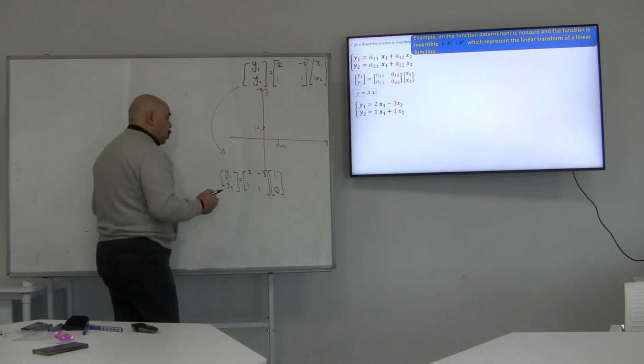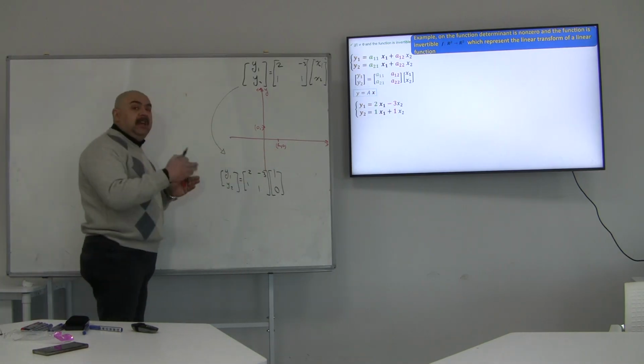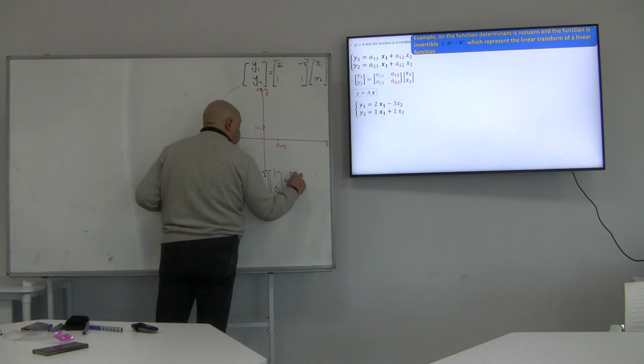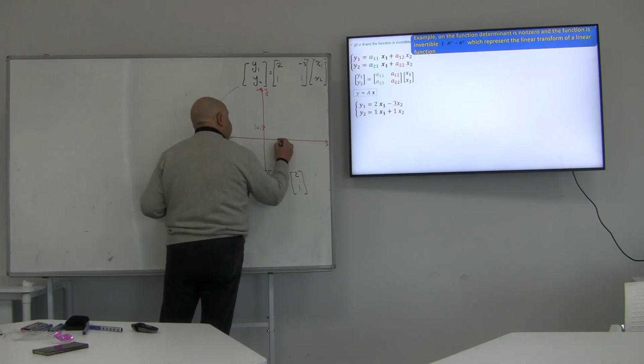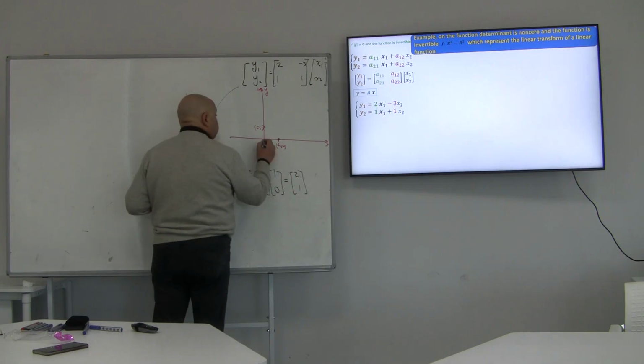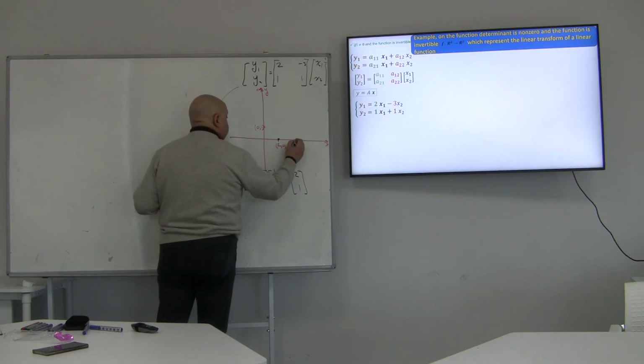Once you multiply by 1 and 0, you will keep the first column. So 1 and 0 will be represented by 2 and 1. So instead of working with the point 1 and 0, I will go for 2 and 1. So this is for 2, for example, and that's for 1, and this is the new point.